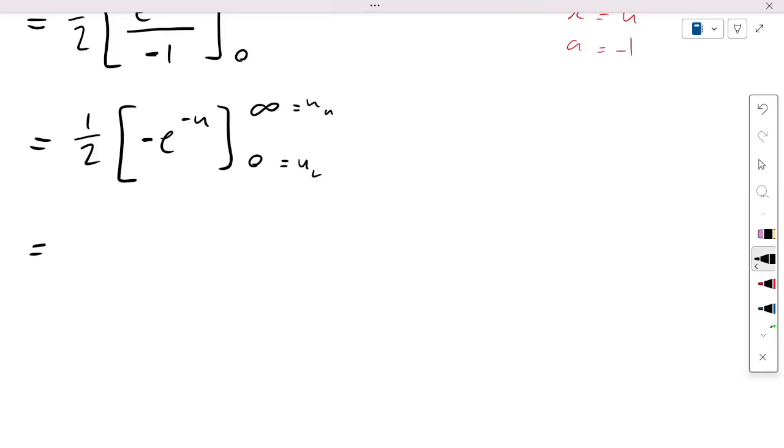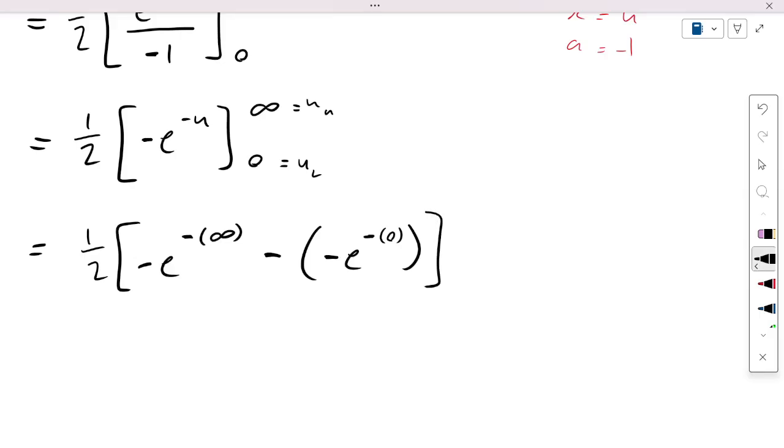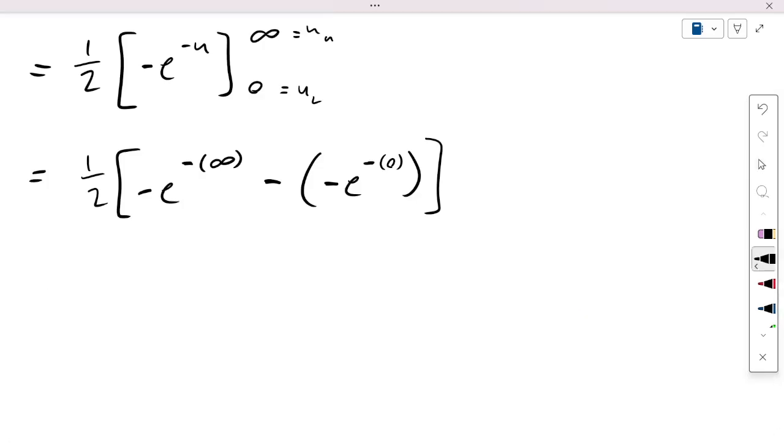We're just going to say that it's going to be a half multiplied by negative e to the power of negative, and this is going to be our upper limit, which is infinity, and this is going to be minus negative e raised to the power of negative 0, like that, and then we close our bracket like that. Okay, so that is what we wrote down over here. Now we just need to simplify things.